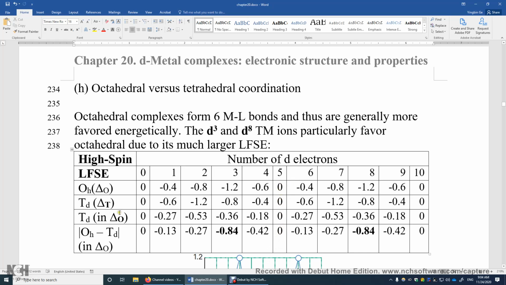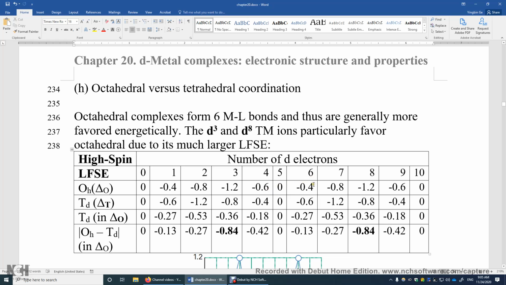In the octahedral structure, you have 2 electrons occupying the Eg orbitals, 3 electrons occupying the T2g orbitals. So overall, the LFSE is 2 electrons times positive 0.6, and then 3 electrons times negative 0.4. So overall, the LFSE is just 0. But if you have only 4 electrons, you can remove 1 electron from the Eg orbital, and then you have overall negative 0.6 delta O LFSE. What if you have 6 electrons?